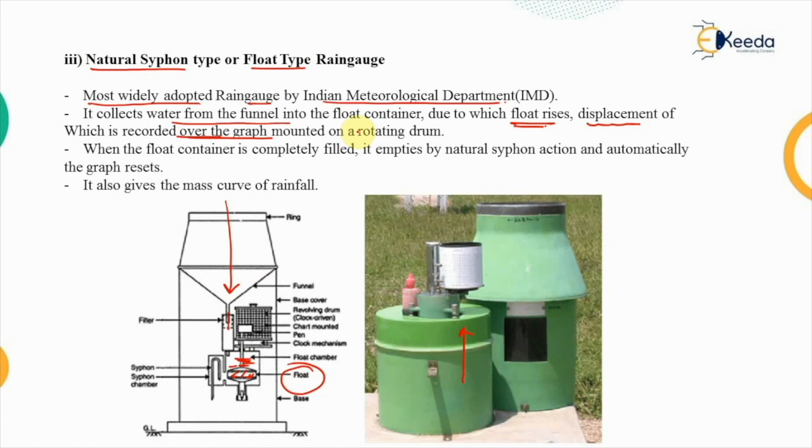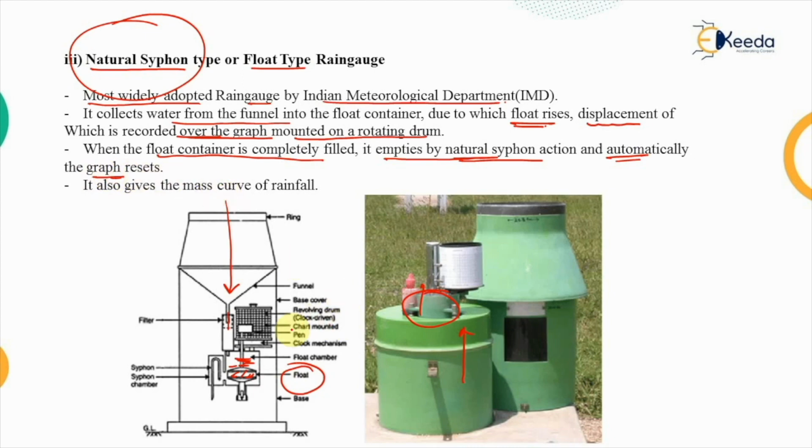This graph is again mounted on a rotating drum, and when the float container is completely filled, the float comes above, and then it is emptied by the natural siphon action, because of which it gets the name natural siphon type, and the graph paper is automatically reset.